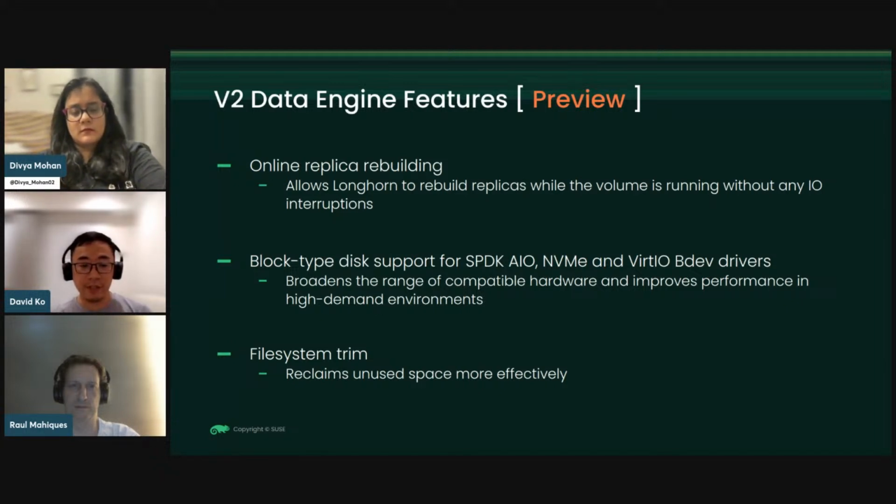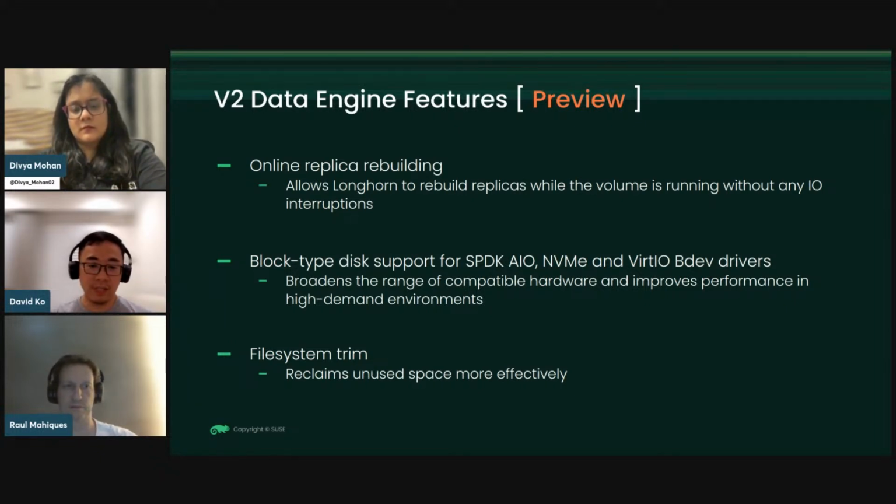And filesystem trim: we already have trim support for the V1 data engine. Initially, when we started working on 1.7, SPDK AIO did not support filesystem trim, so we could only leverage NVMe and VirtIO, but it would be a challenge for the drivers, since we need a general driver for a general raw disk.